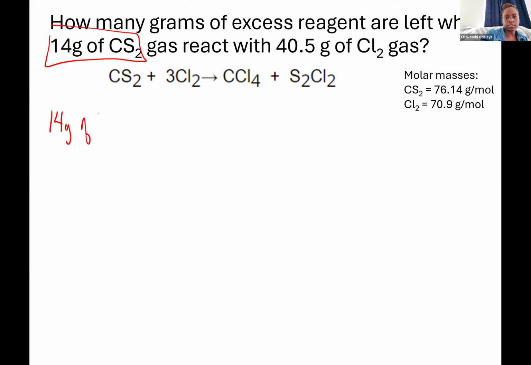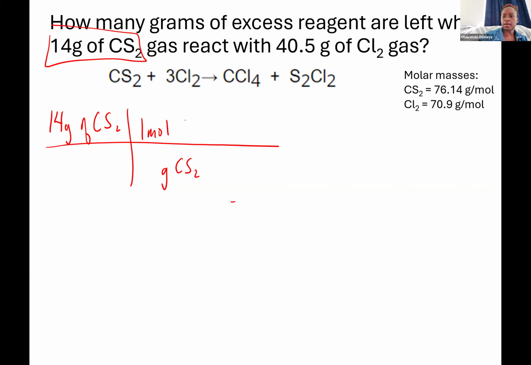14 grams of CS2, grams of CS2 go on the bottom. For every 1 mole, I give you the molar mass, I have 76.14 grams of CS2. For the purpose of this, I'm going to pick this as the product we're going to go to.